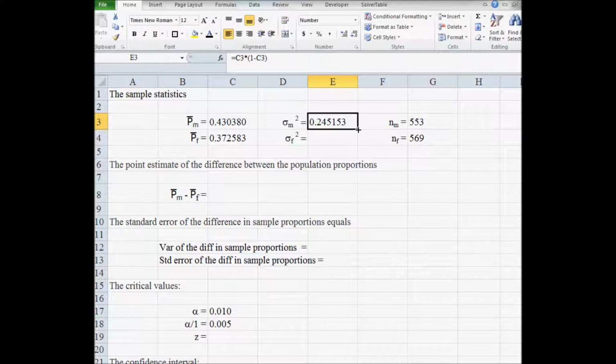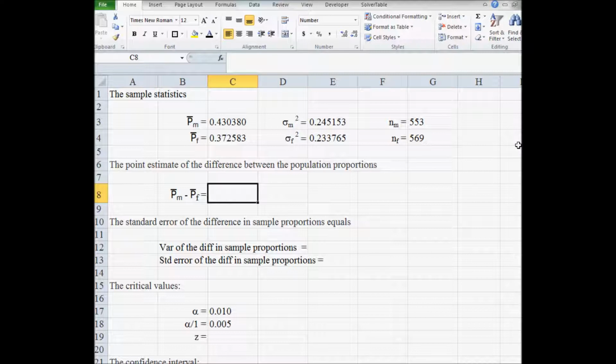The cool thing with Excel is that by clicking on the bottom right-hand corner of this cell, I can repeat this calculation very quickly for the variance that we're going to use for the female support for the president. If I click on the cell E4, it is the sample proportion for female support of the president times 1 minus the sample proportion of female support for the president.